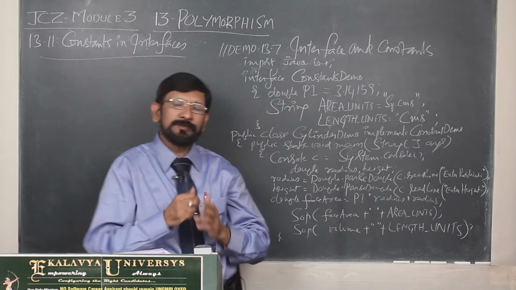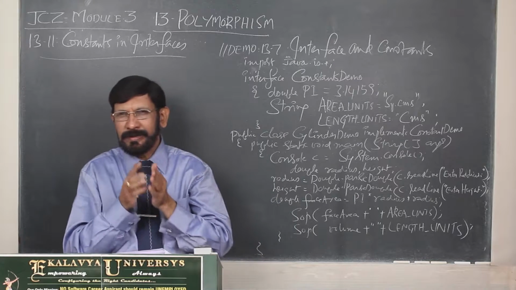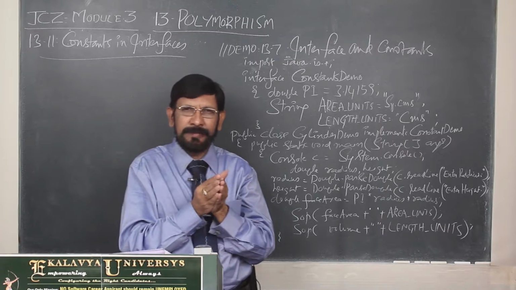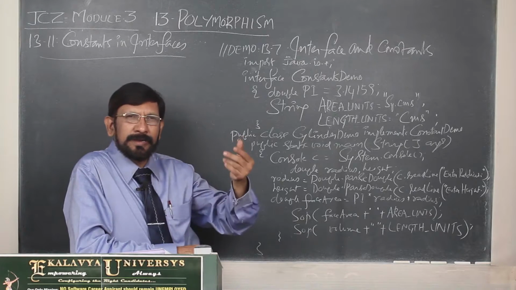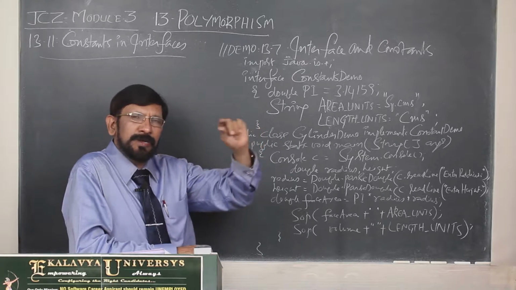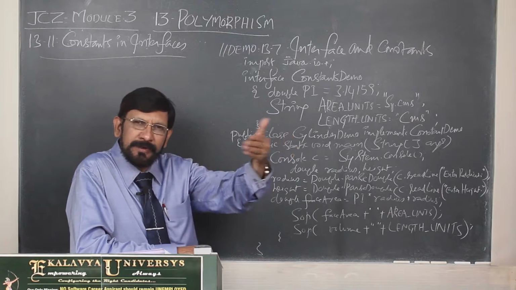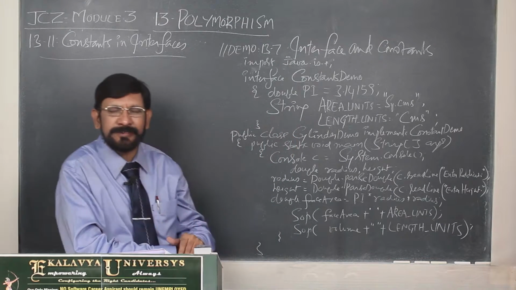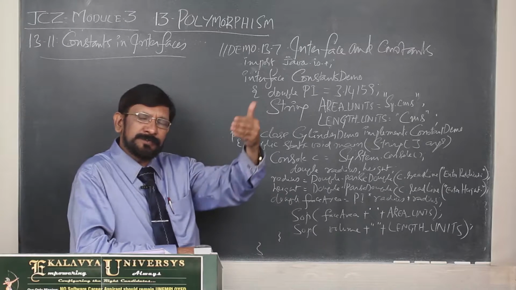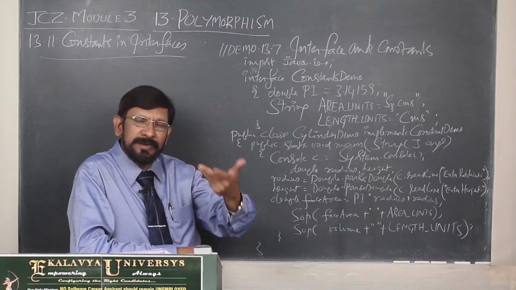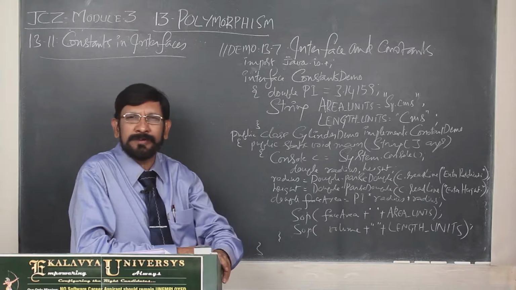In such case, what should we do? Actually, if the names are not the same, in the sub interface we can use the constants of the super interface with simple names, because sub interfaces obviously inherit all the constants of the super interface.